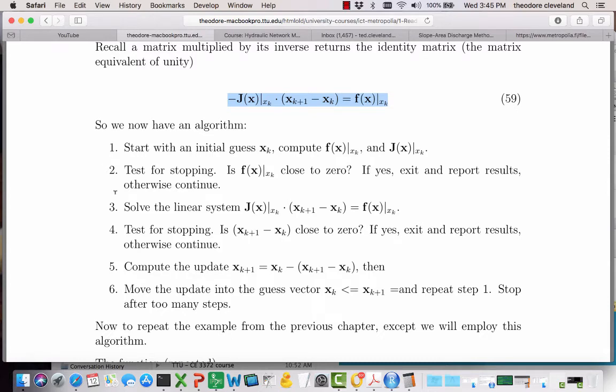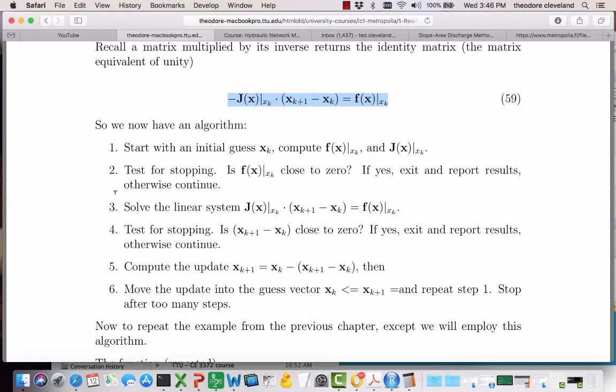I want minus the Jacobian of x, evaluated at whatever xk is, times xk plus 1 minus xk equals f of x at xk.